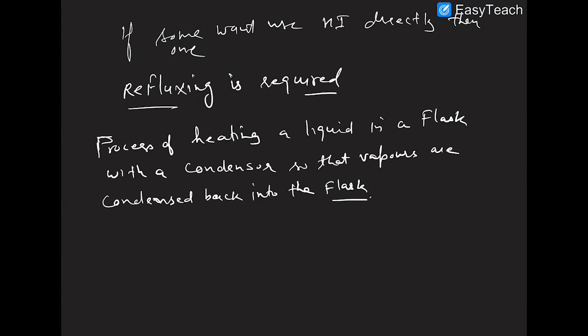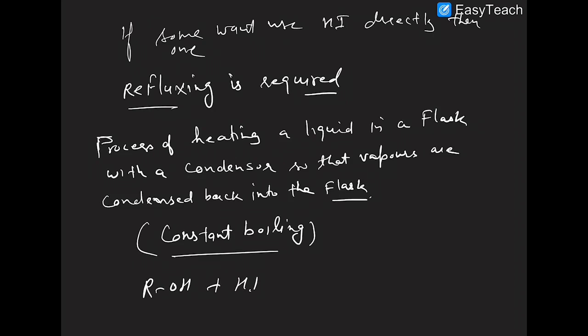So it may also be called constant boiling. If you want to use HI directly, let us suppose you take an alcohol and use HI directly, that is called reflux.